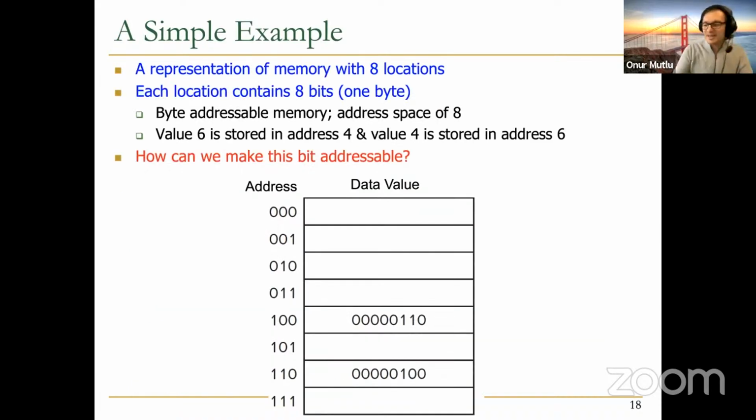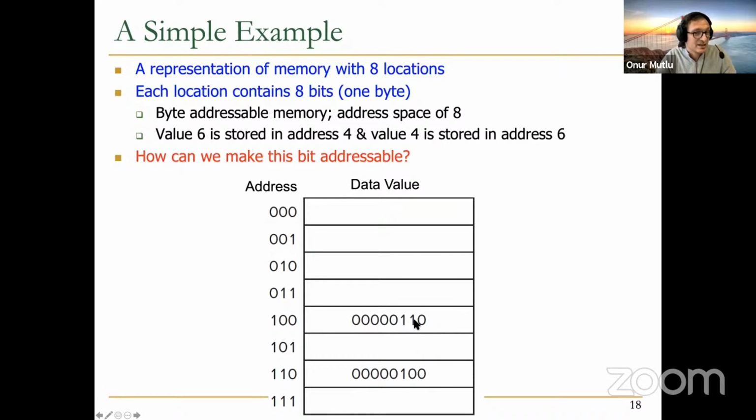Now let me push your thinking a little bit. How can we make this bit addressable? If you want to make this bit addressable, you need to be able to address every single bit. You have 8 bits over here, but you don't want to get 8 bits. You really want to get 1 bit whenever you address something, meaning that you need 3 more address bits to specify each bit.